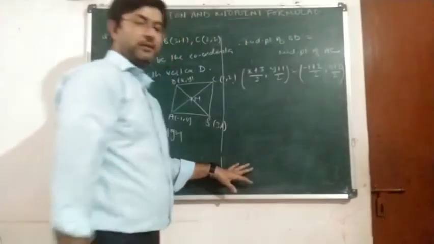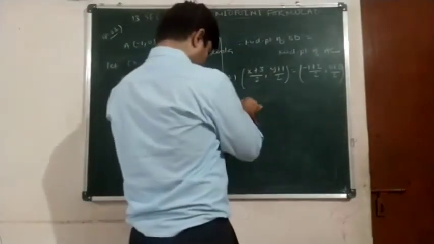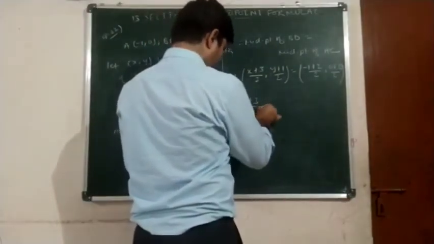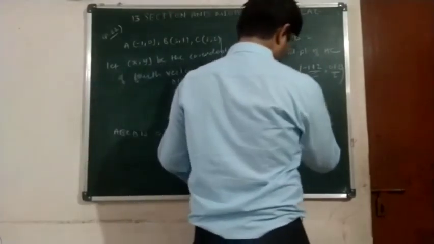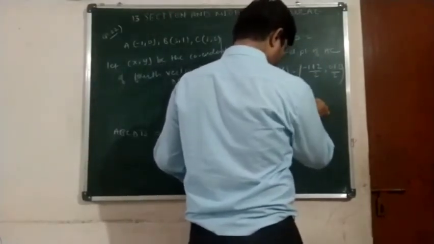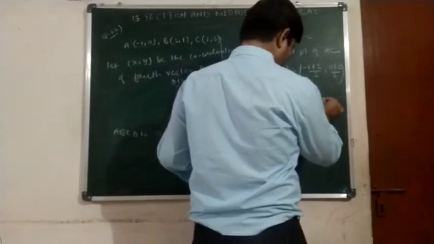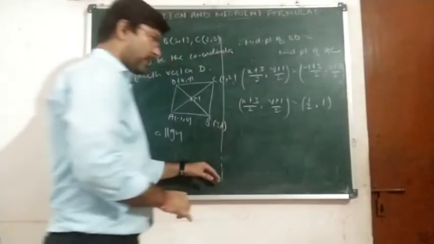Now we will equate the coordinates. That is equal to (-1 plus 2), that is 1 upon 2, and 2 upon 2 will be 1.